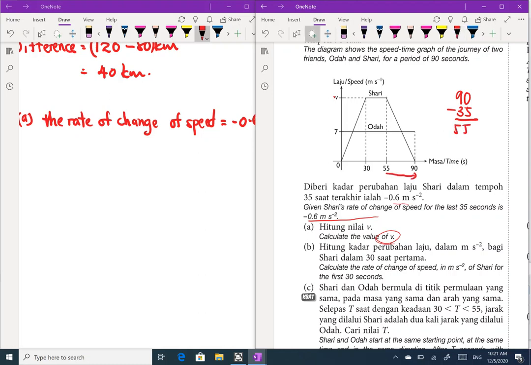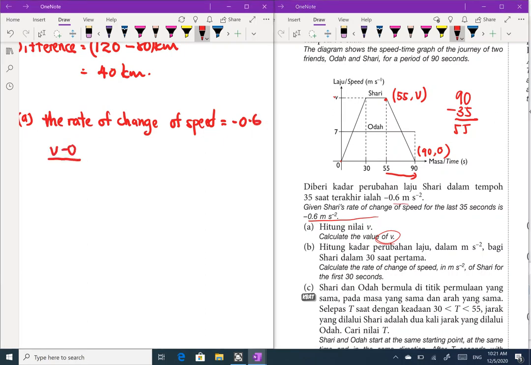We start from here: x is 55, y is v. This is 90, y is 0. So the rate of change of speed is v minus 0 over 55 minus 90, equal to negative 0.6. So v over negative 35 equals negative 0.6. So v is equal to this times 35, so we get 21.